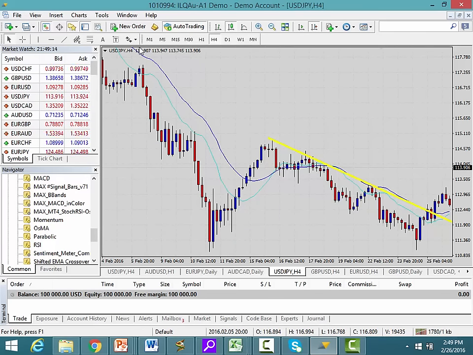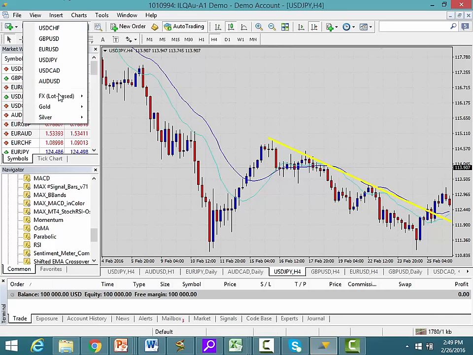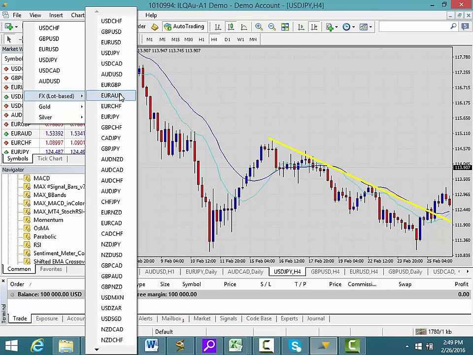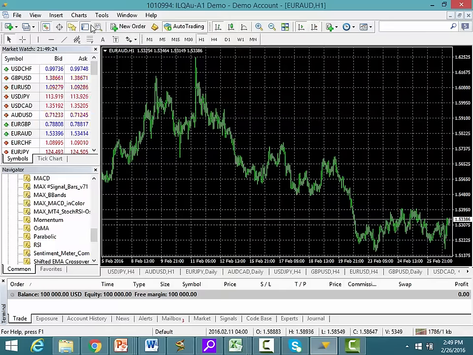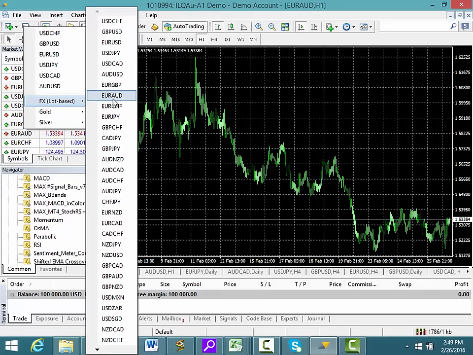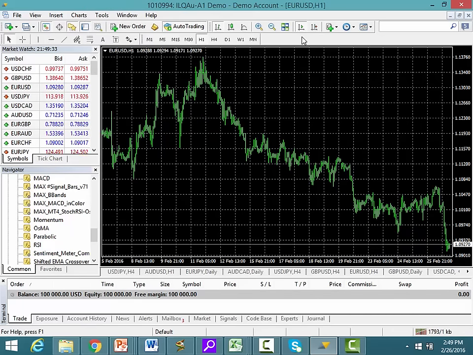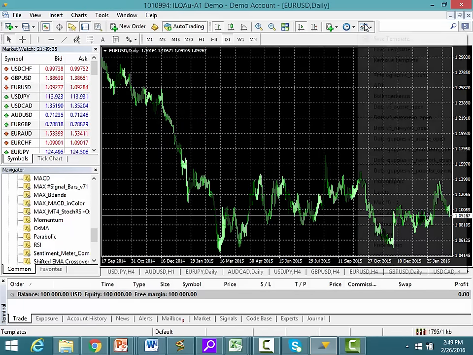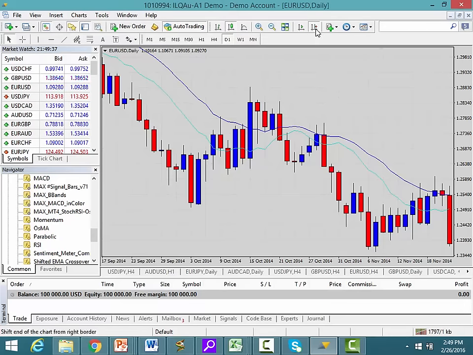Now, for example, I took one of these trades right here. If you look at the euro, oh sorry, it's the euro cat. The euro, well, let's look at the euro dollar. Is a good example right here.